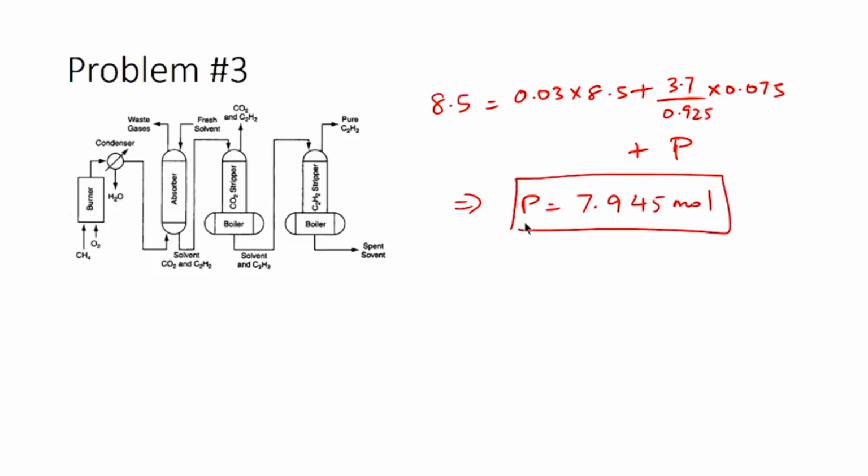So, that is the number of moles of acetylene product recovered. The yield for acetylene based on methane fed would be 7.945 divided by 83 times 100, giving a percentage yield of 9.57%.